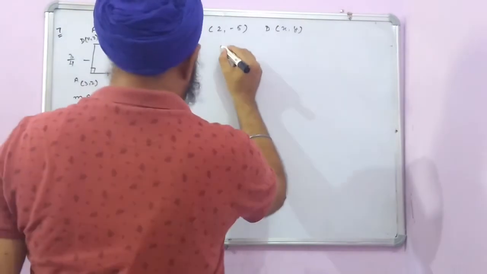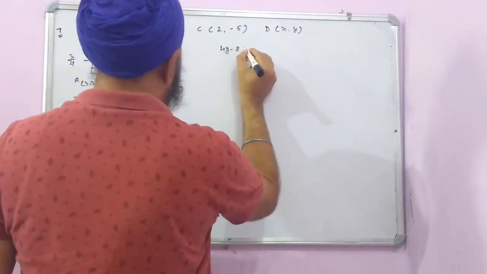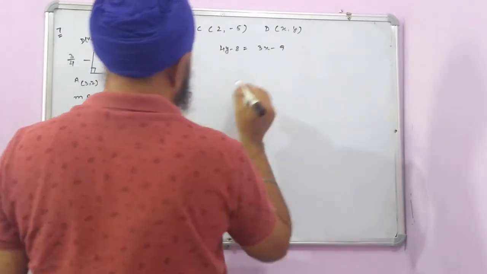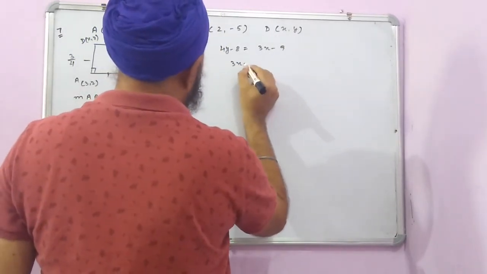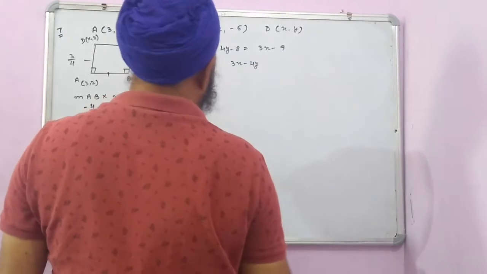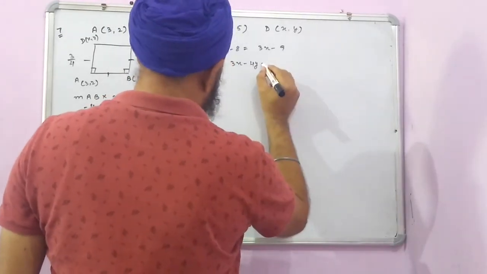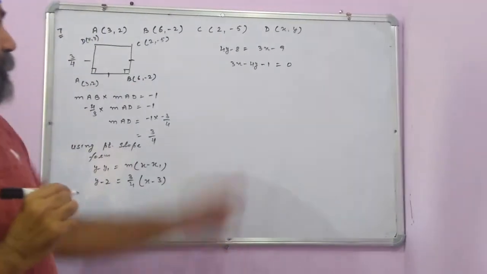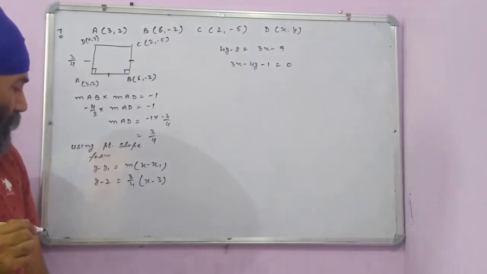So 4y minus 8 is 3x minus 9. 3x minus 4y minus 1 is equal to 0. This is the required equation.